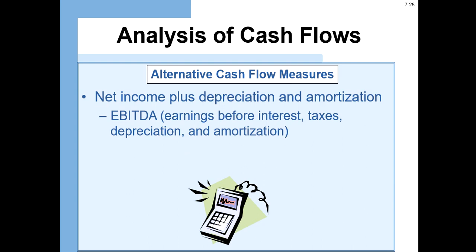So as we said, depreciation and amortization can be an issue for the cash flow statements. So here we have earnings before interest, debt, tax, depreciation and amortization over here.